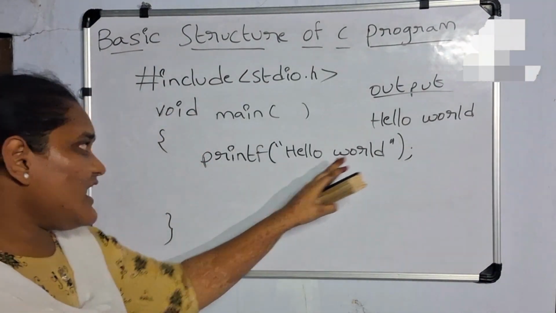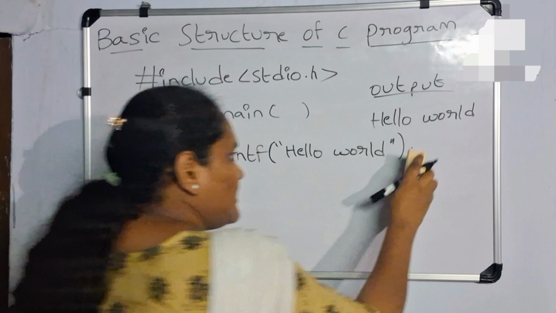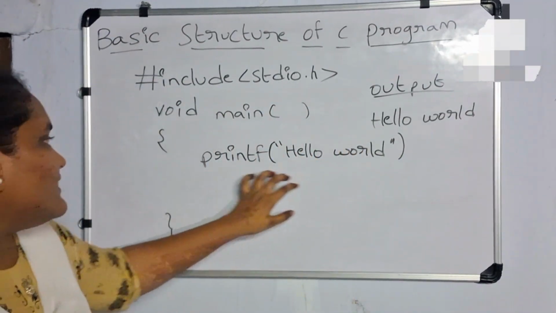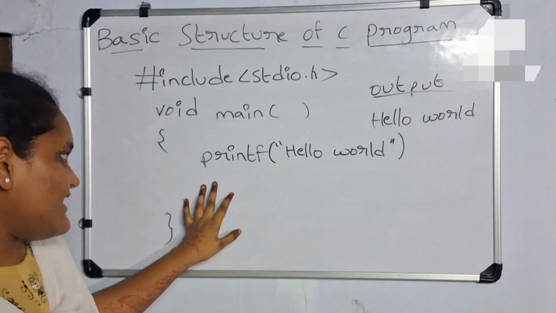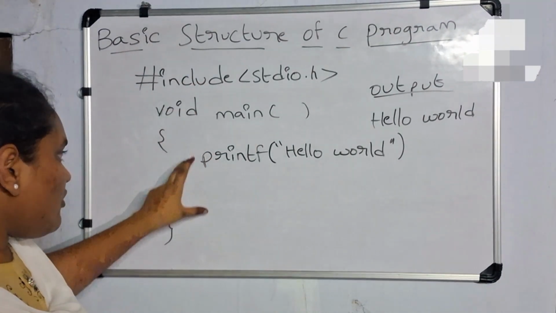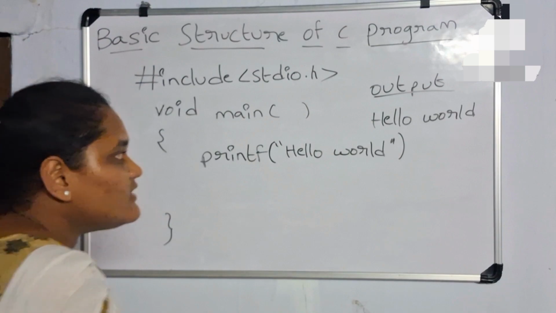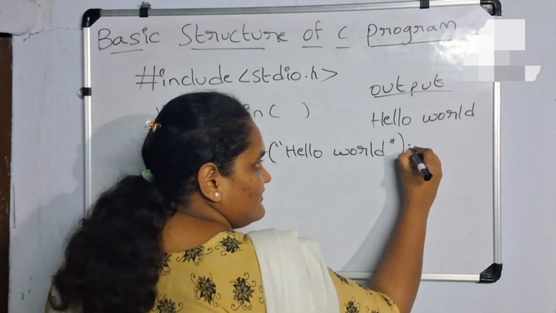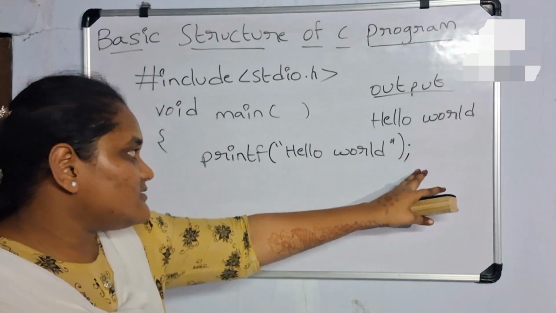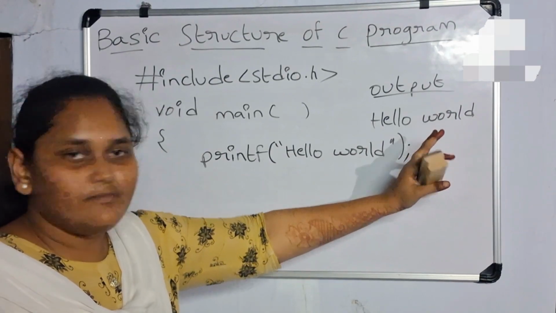So if I want to end, almost all the lines of code in our C language, except some functions and these kinds of things, should end with this semicolon. Semicolon is like the break.